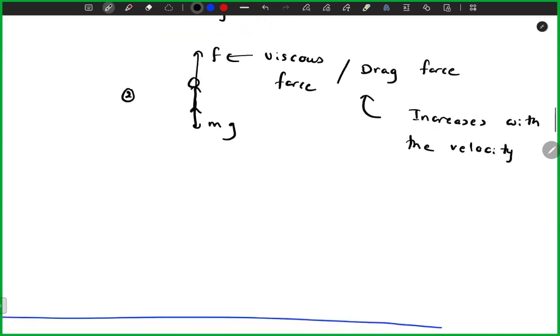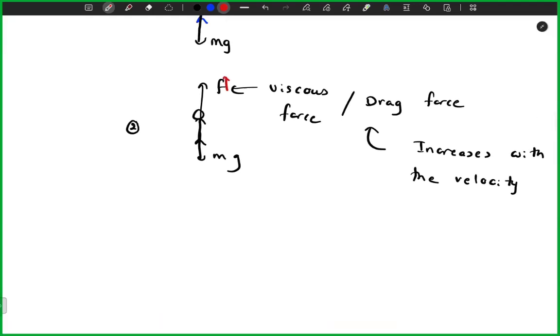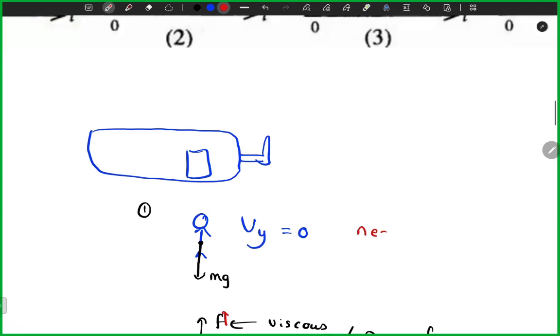The greater the velocity I have, the greater will be the viscous force. Eventually, the viscous force is going to balance the weight. We are thinking about negligible upthrust. The density of air is also less.